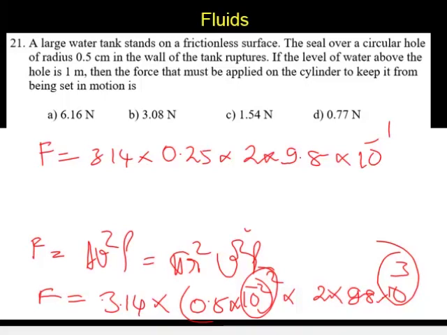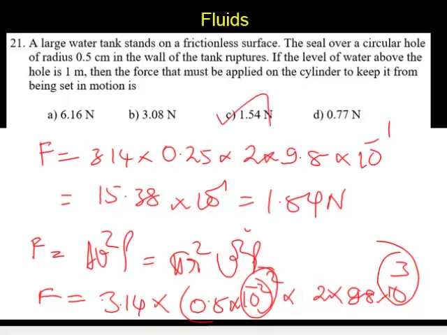So it is 15.38 into 10 power minus 1, so it is going to be 1.54 Newtons, the reaction force acting on the tank. So 1.54 Newtons you have to apply to keep it stationary. So the correct answer is C, 1.54 Newtons.